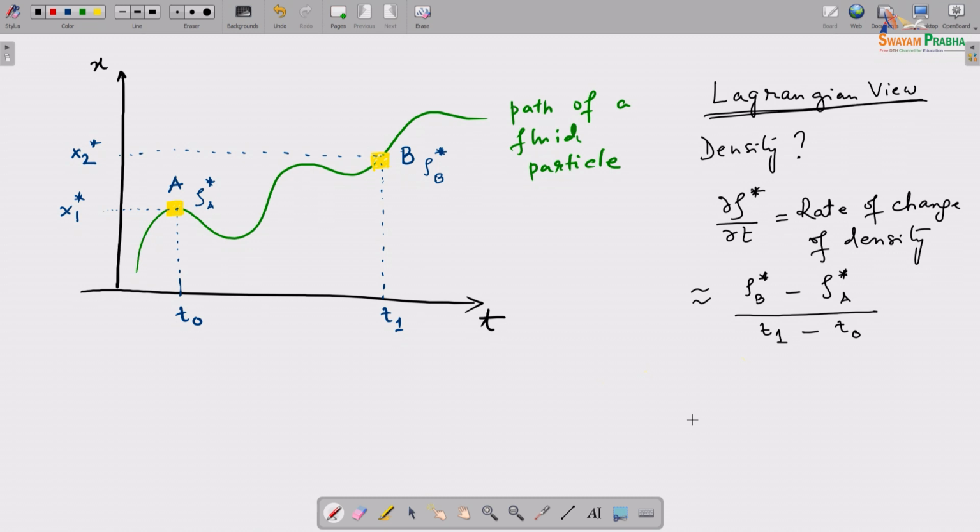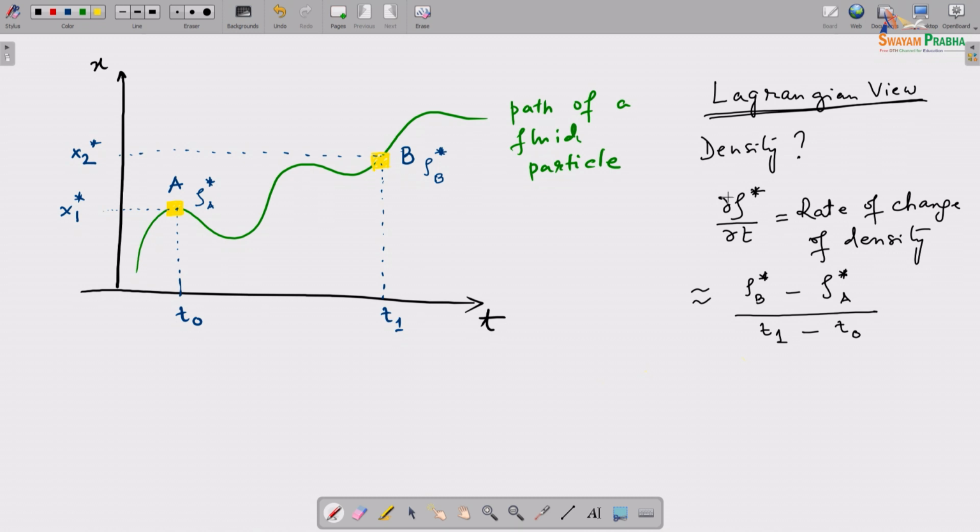We are following a particle. So that is how, in the Lagrangian view, I look at this change. Another way to look at this is when somebody asks, what is the rate of change of density? The first question you need to ask is, how are you looking at it? What is your reference frame?